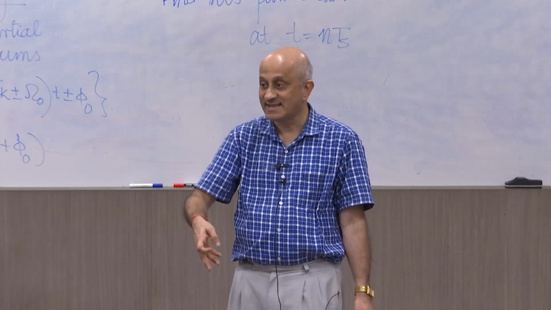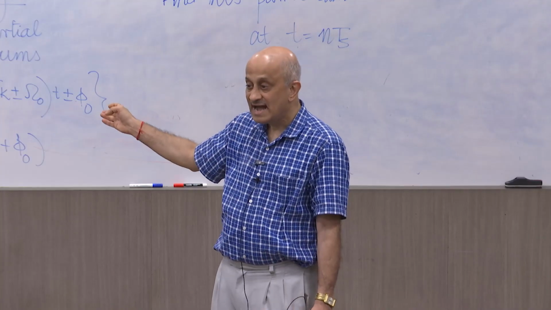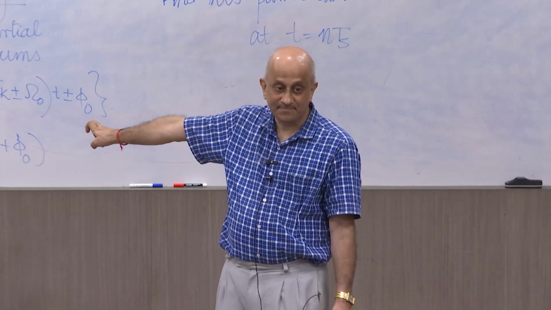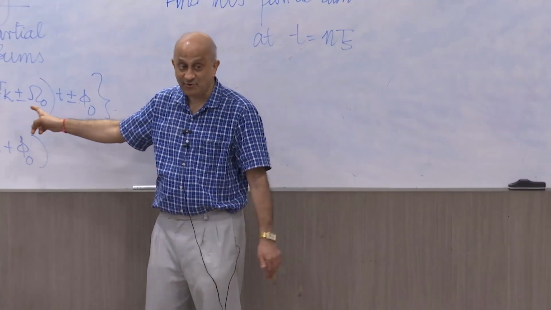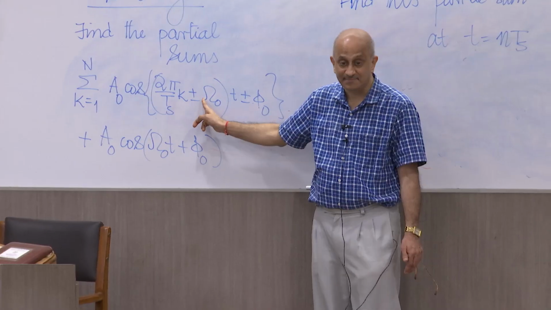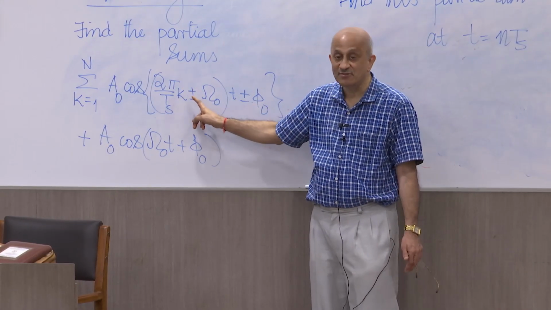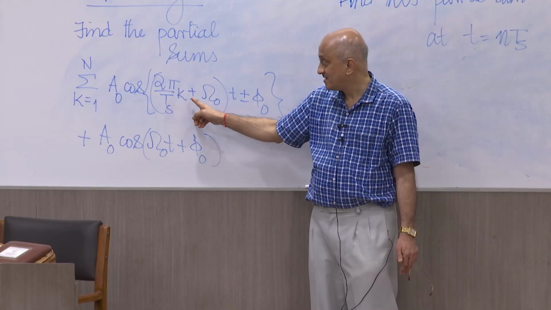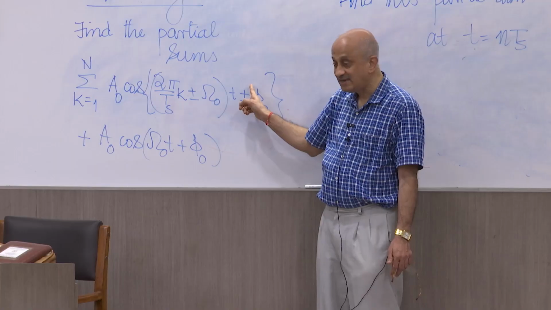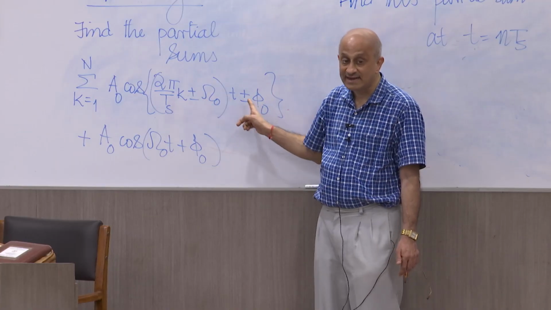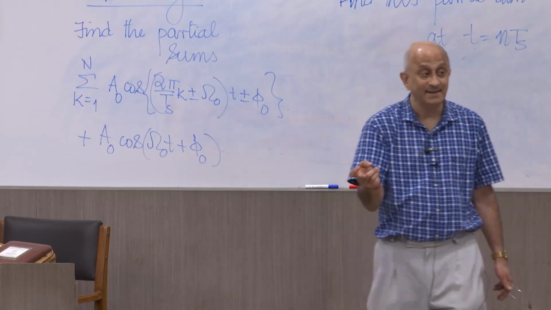So when I add them, if I make these partial sums, how many sinusoids am I taking? As a function of n, how many sinusoids am I taking here? Not n, because I'm taking the plus sign with the plus sign and the minus sign with the minus sign. So for each value of k, how many sinusoids am I taking?